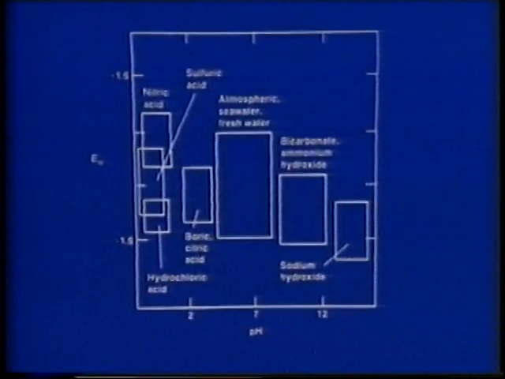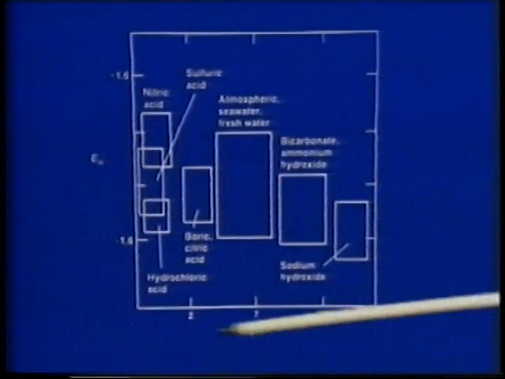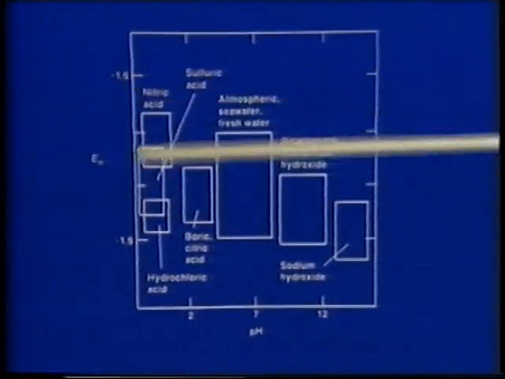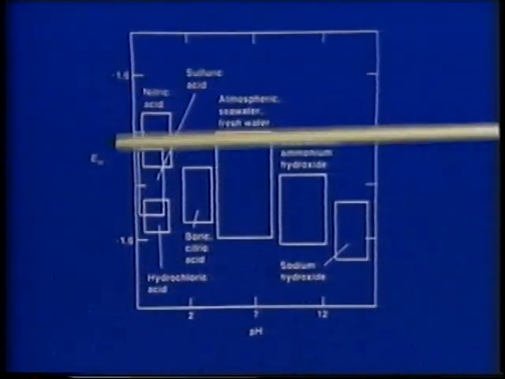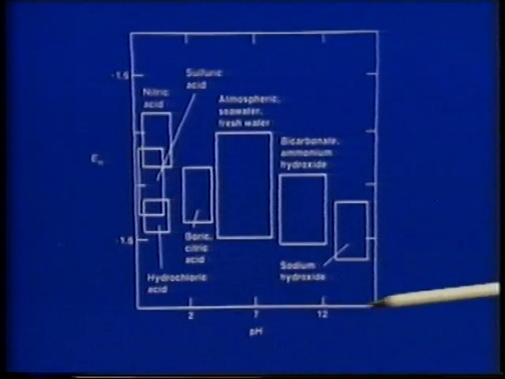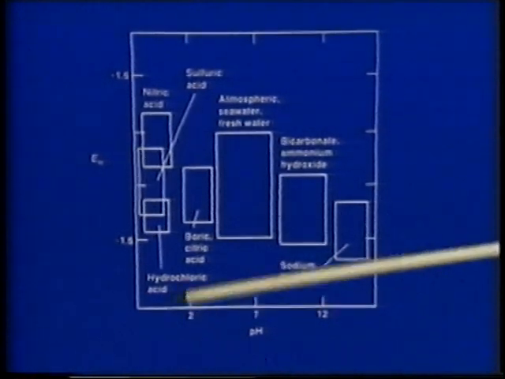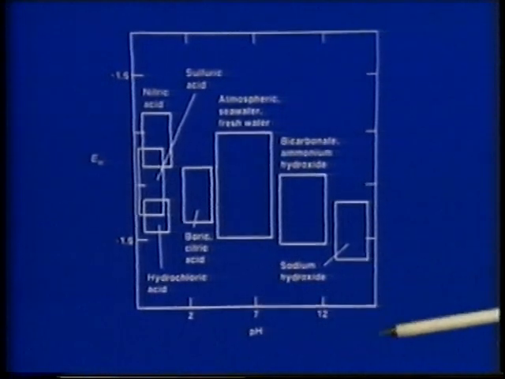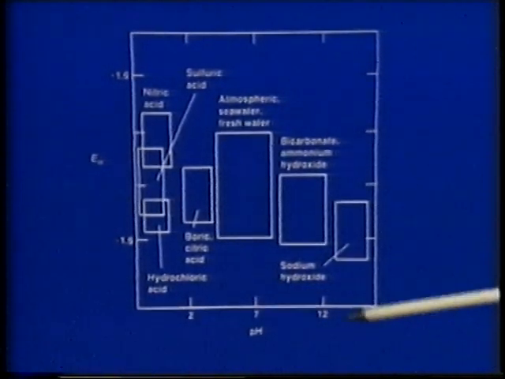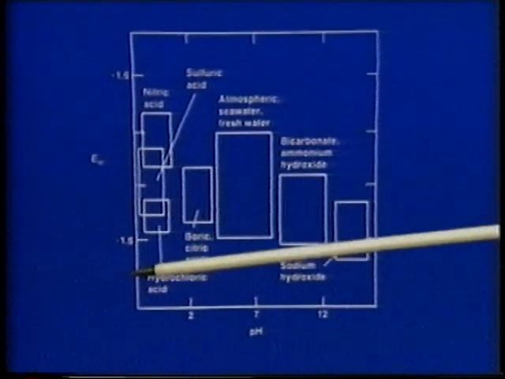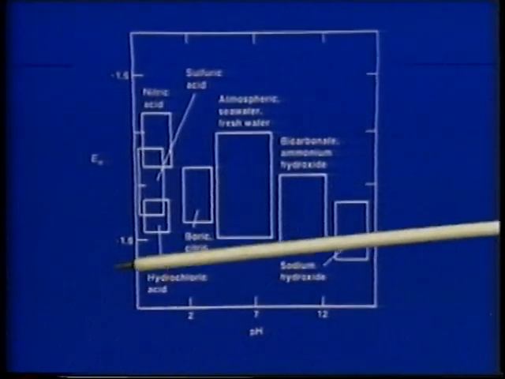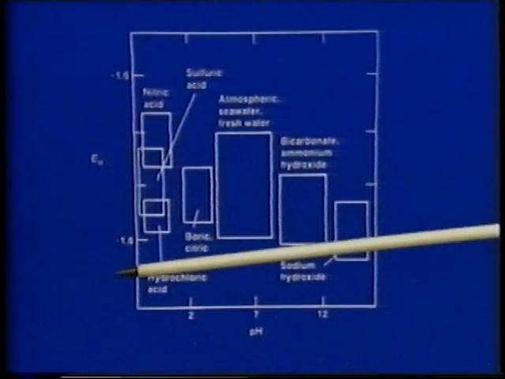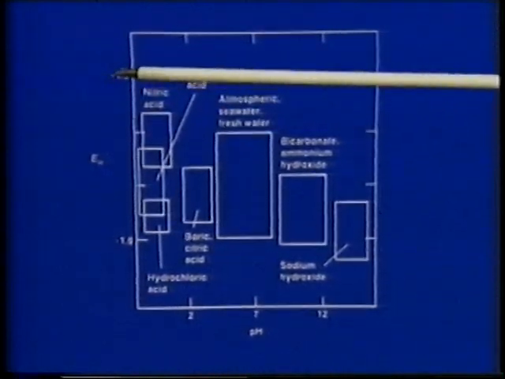We can go back and recall the potential-pH diagrams that we've shown in earlier cases, and on this we're plotting the electrochemical potential, the oxidizing power of the environment, as a function of pH. And we go from very acid, low pH, neutral, pH 7, highly alkaline, pH 12, versus the oxidizing power, very negative potentials representative of highly reducing, very positive of highly oxidizing.